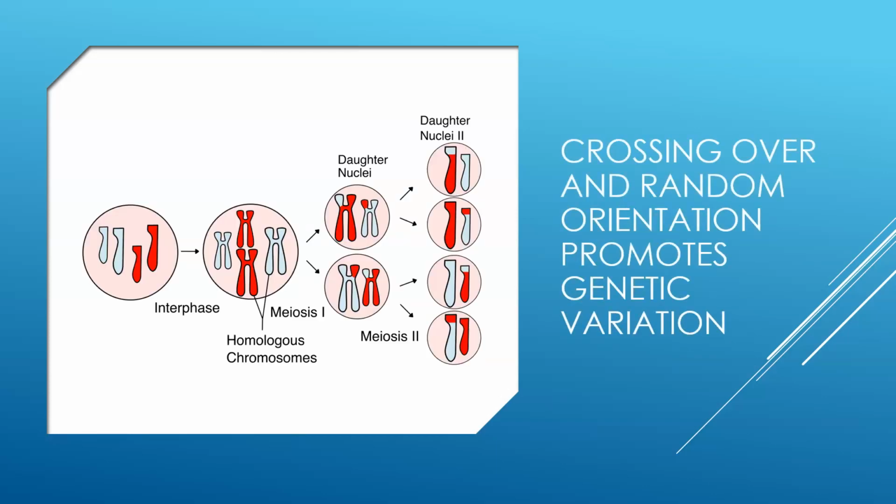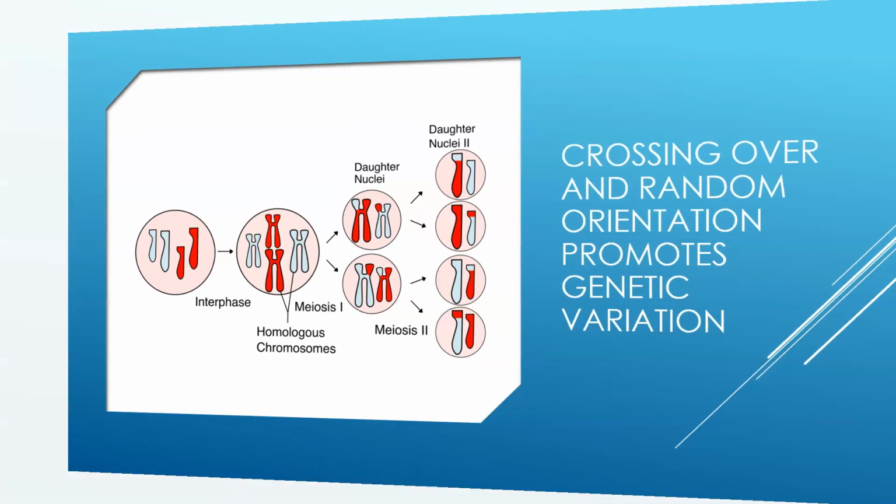So why does crossing over and random orientation occur? It is because it promotes genetic variation. Not only have we got different parts of the chromosomes on different chromatids, we also have this random arrangement. So it's literally impossible to have exact genetic representation in each cell, in any cells.